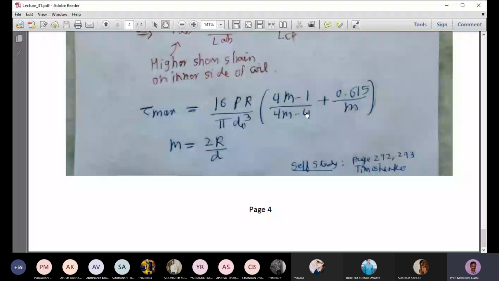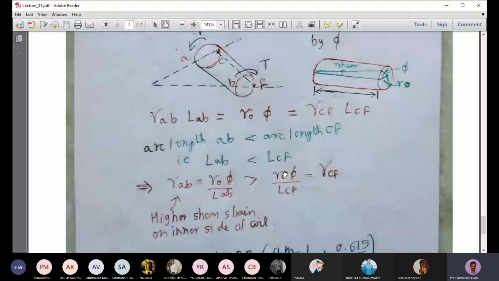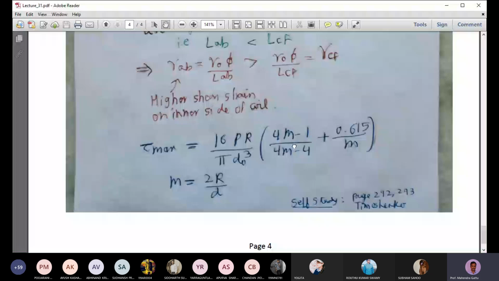This is a modification to the shear stress to account for this analysis. The derivation is not in the textbook, but you can refer to the paper to see how these terms are obtained. So this brings today's class to a conclusion.